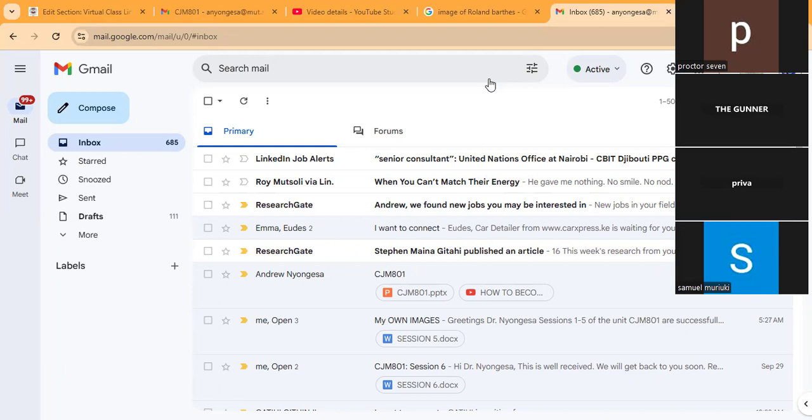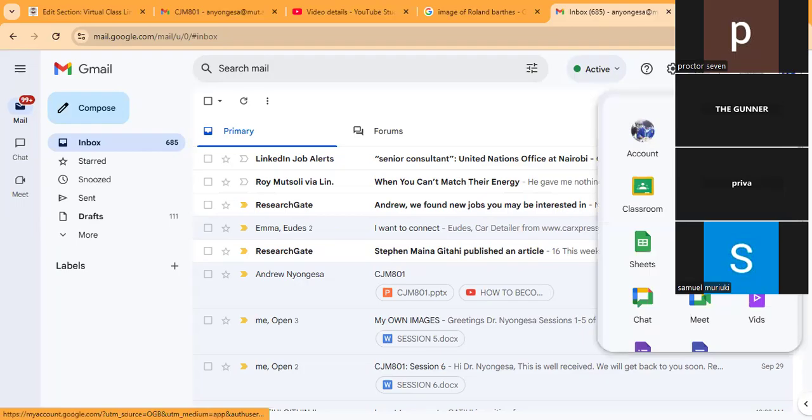All right. Now, once you are there, you come here, Google Apps. You click on Google Apps. I hope you can see, and then this one. Have you seen Gemini? This is now Gemini.